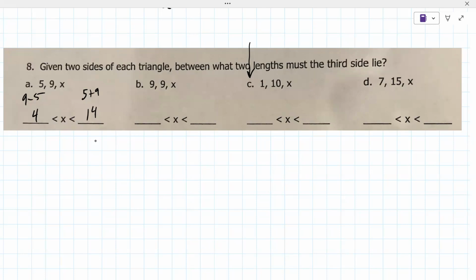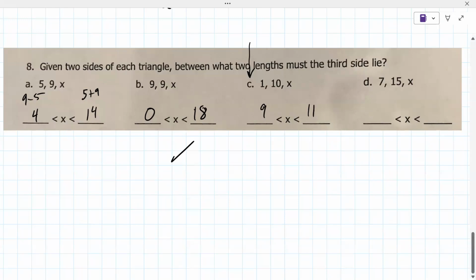0 and 18. Or, oh wait, you want me to do C? Well, you did it correctly. So go ahead and do the next one. Yeah, that's correct. All right. 9 and 11.